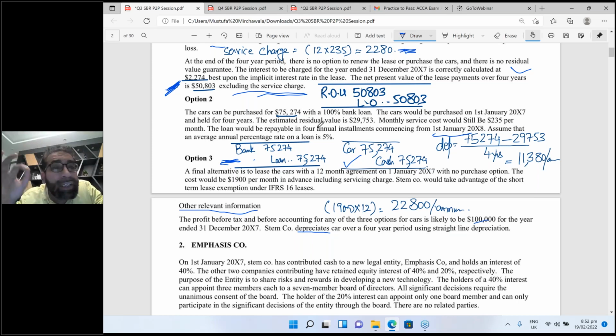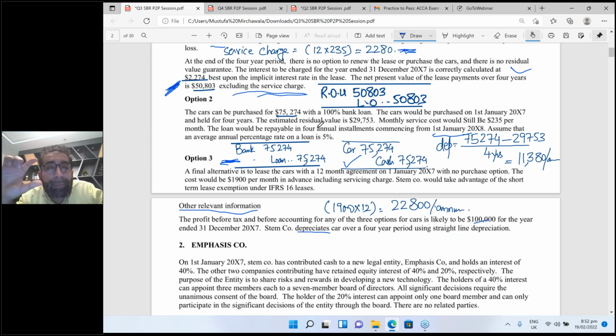So by the end of the year you didn't repay a single penny of the loan, and there is interest accrued. You have used the loan for the whole year, so the accrued interest will be added to your loan liability.